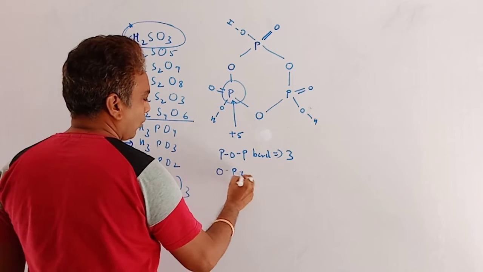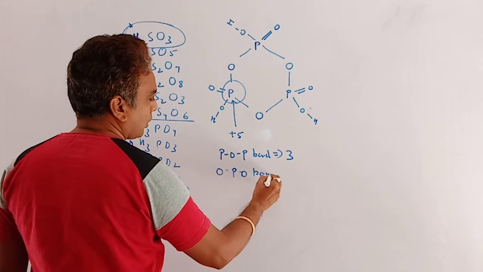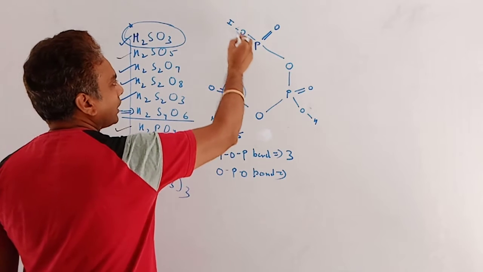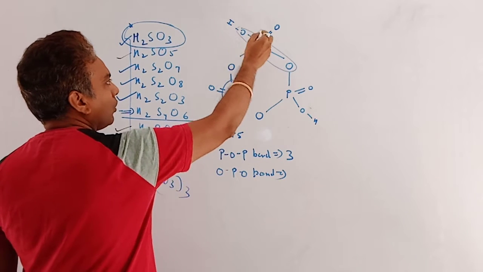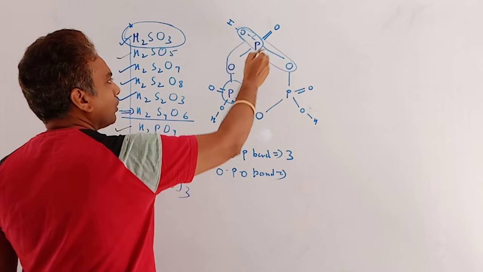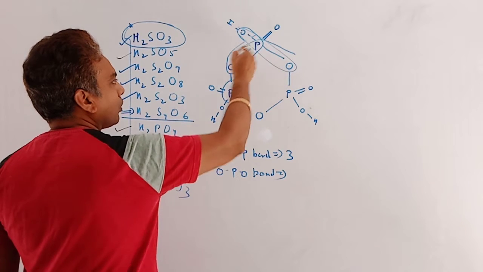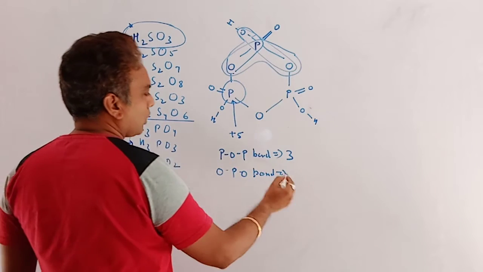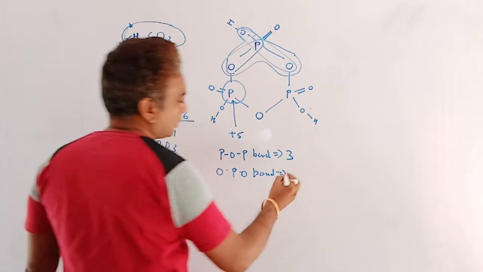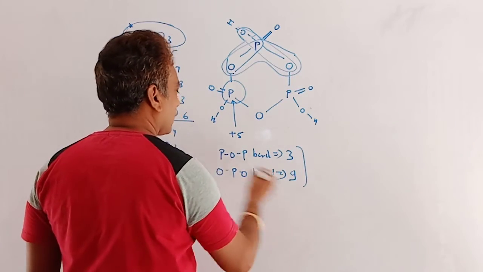And how many O-P-O bonds are present in this molecule? With respect to one phosphorus, here is O-P-O, and here is another O-P-O. So we have 3 O-P-O with each phosphorus, so the total number of O-P-O is 9. Clear?